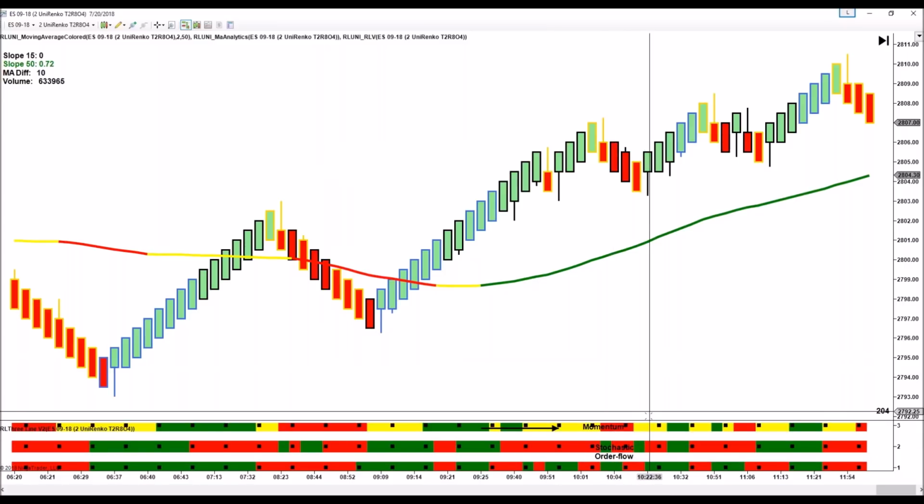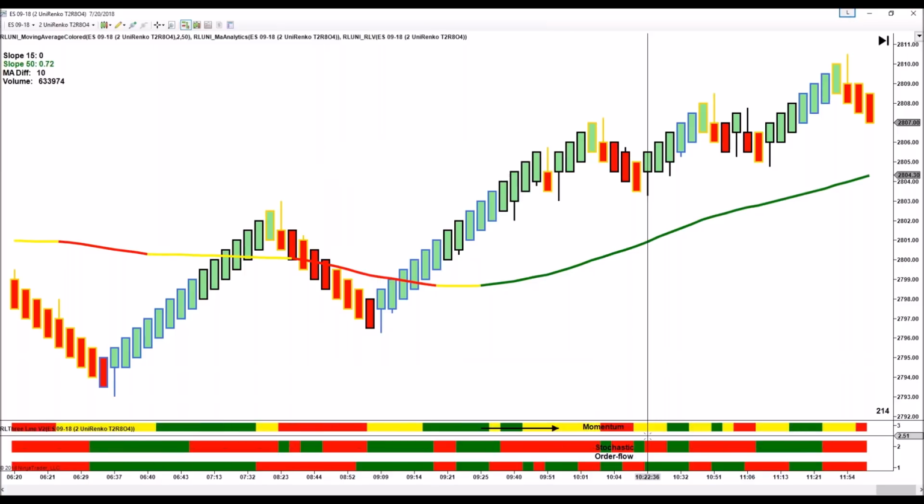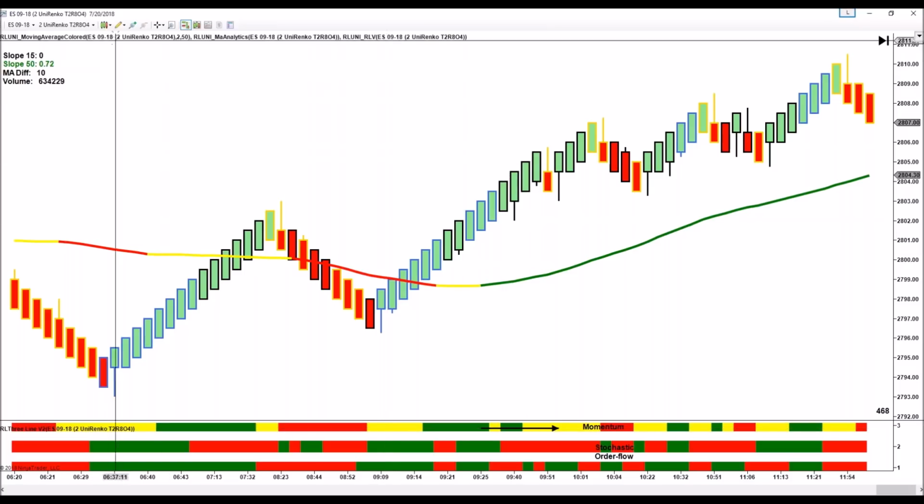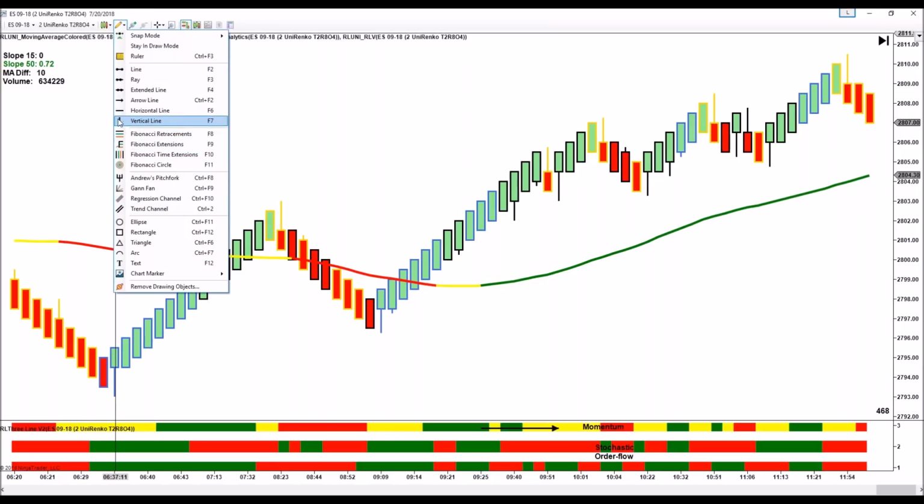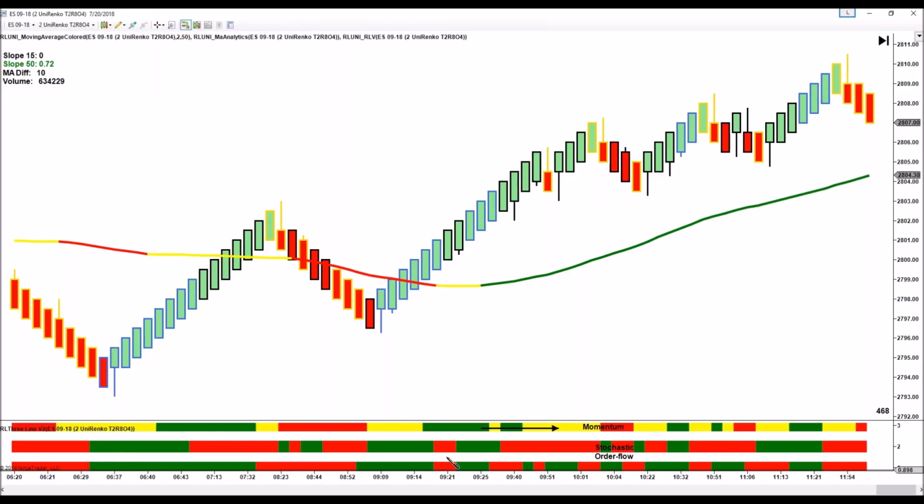Now, you're going to see that the halo is going to be blue even at times when the momentum line is yellow. And the reason is that here is the MACD crossover.